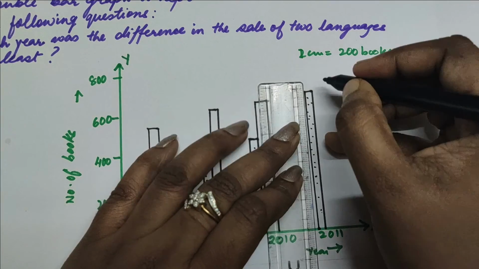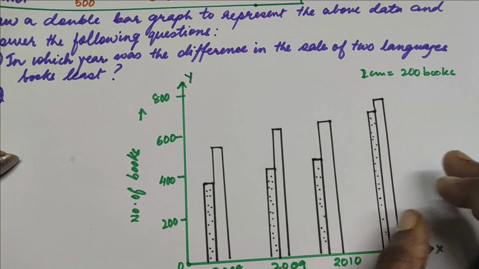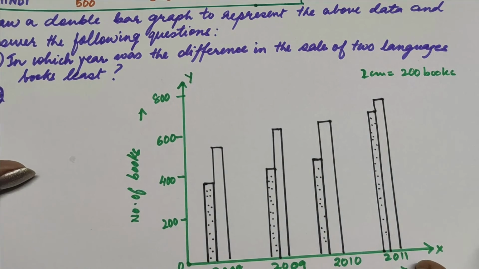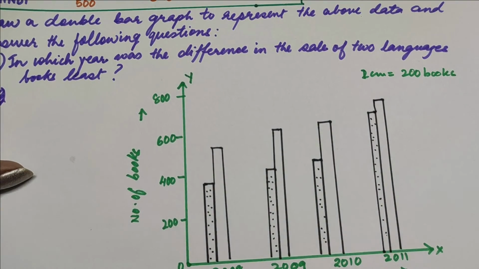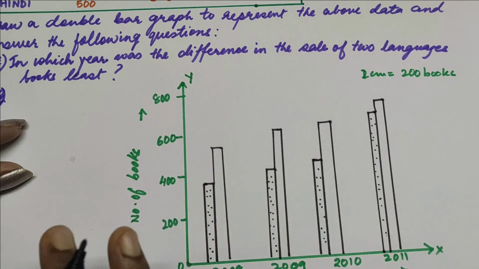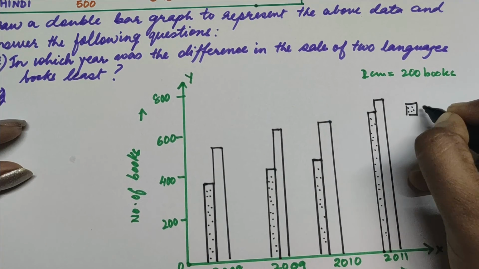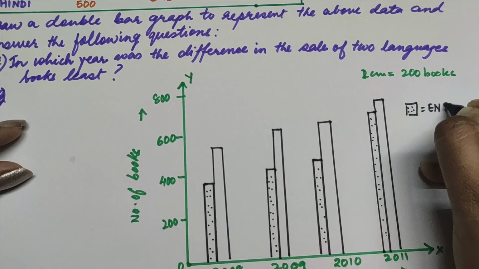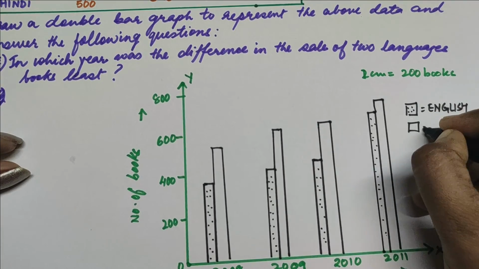So very well you can see that there is a significant difference between the two bars. So obviously the sale of books is different for Hindi and English, and this is how the double bar graph is drawn. Don't forget to represent that this is English and the plain one is Hindi.